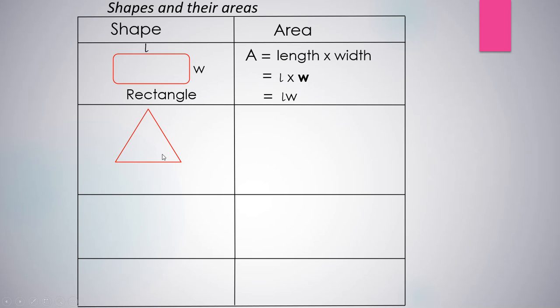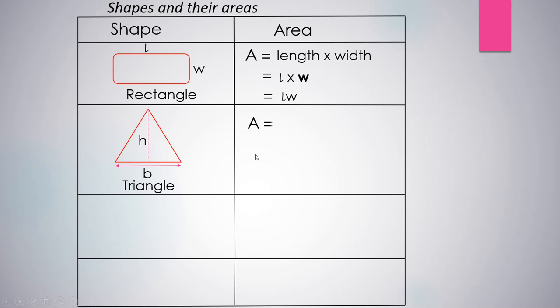Let's have a triangle or triangular shape. What is the formula for its area? This triangle has base B and height h. How do you get area?